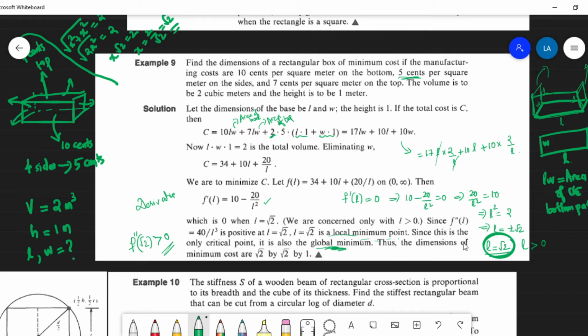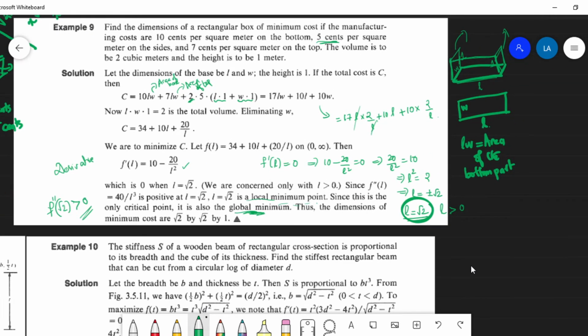Thus the dimensions of the minimum cost will be when length is equal to root 2. Length is equal to root 2, and you can substitute root 2 inside this f of L to find the correct cost. That is f of root 2. You calculate, you get that to be equal to 34 plus 10 root 2 plus 20 by root 2.